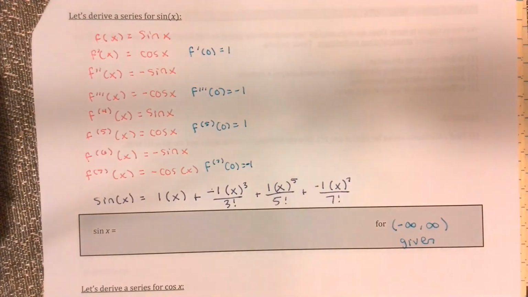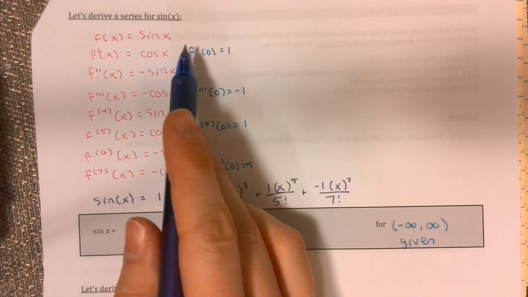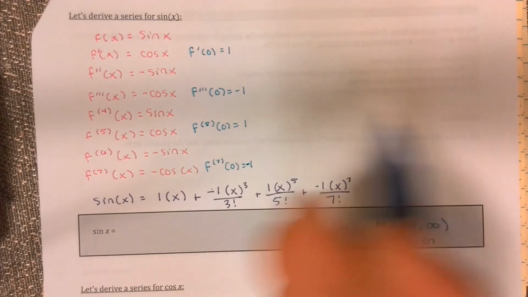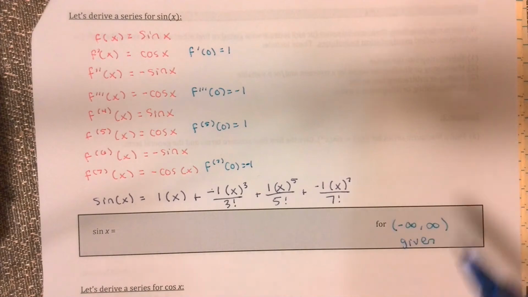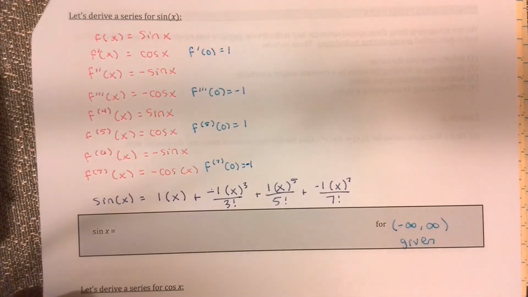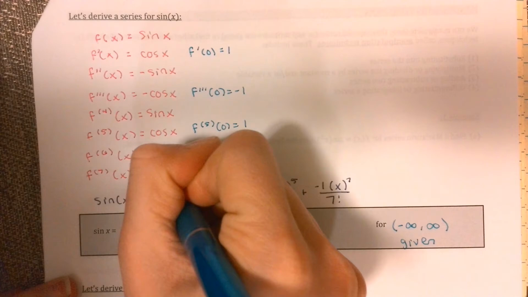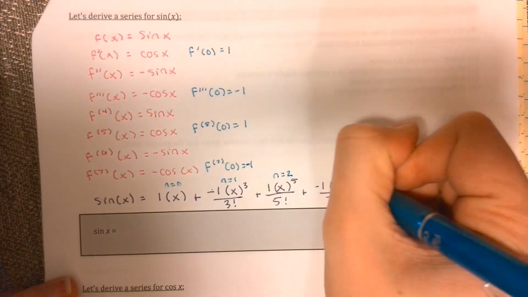So because all of the even derivatives, and including the first term, are 0, we're only getting the odd exponents. We're only getting the first, the third, the fifth, the seventh. So I need to find a way to create odd integers only. This is where it helps to relabel this as n equals 0, n equals 1, n equals 2, n equals 3.